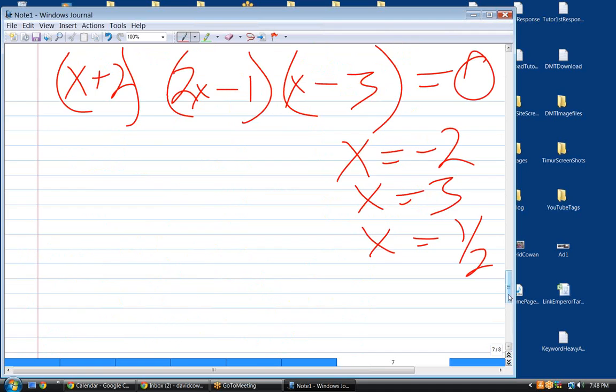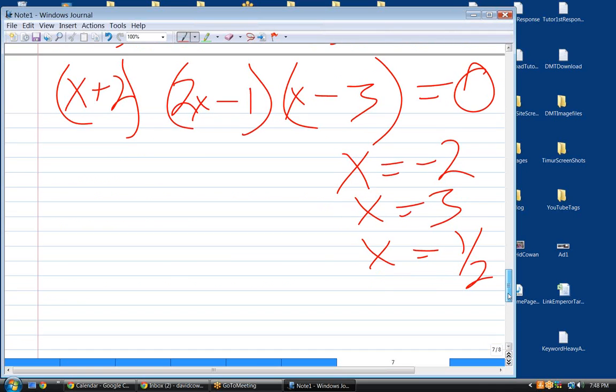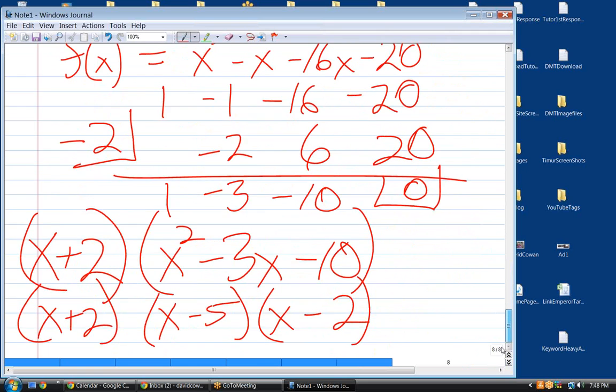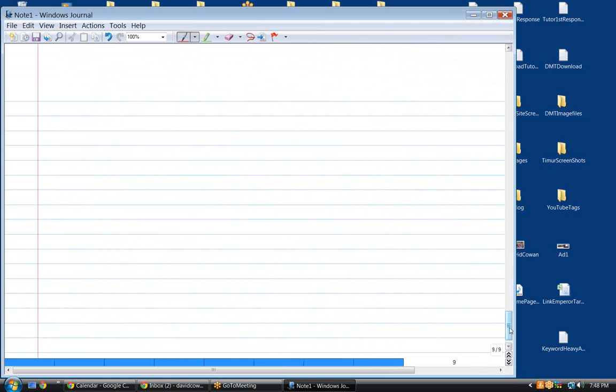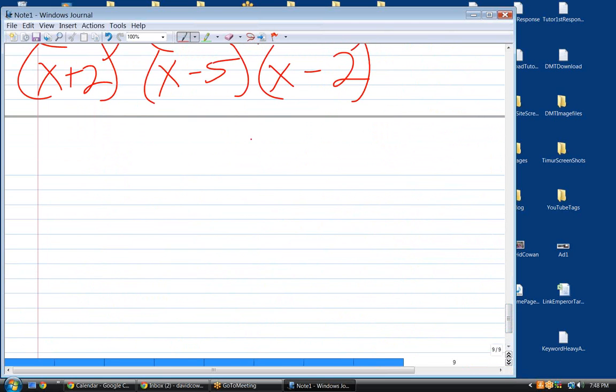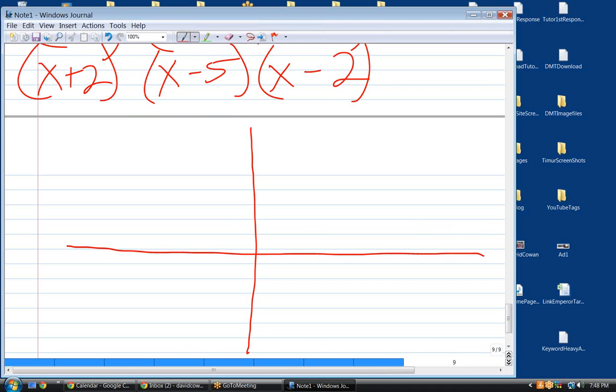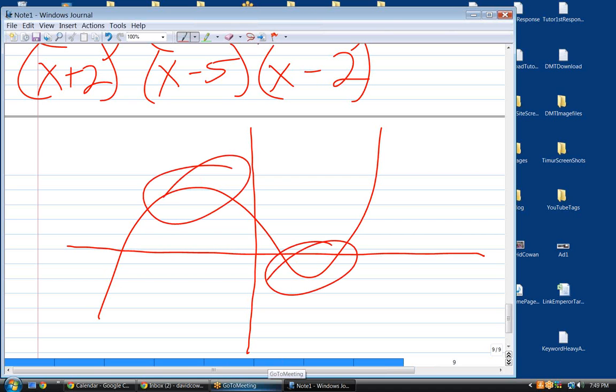Now, how does this allow us to graph it? It tells us the zeros. In other words, that gives us every place this function crosses the x-axis. Typically, a cubic looks like this. It has two extrema.